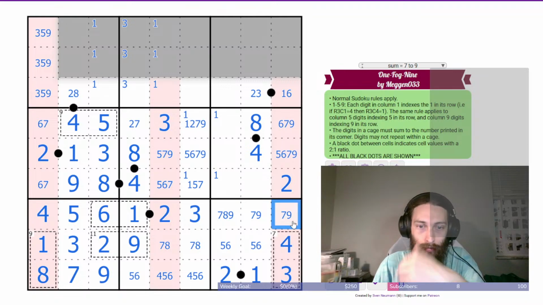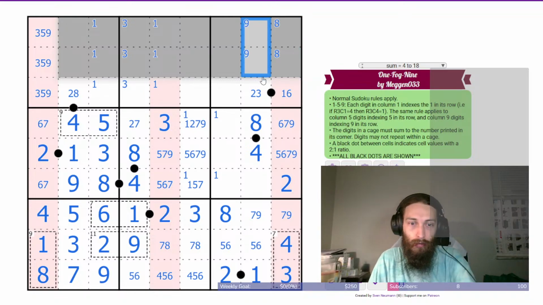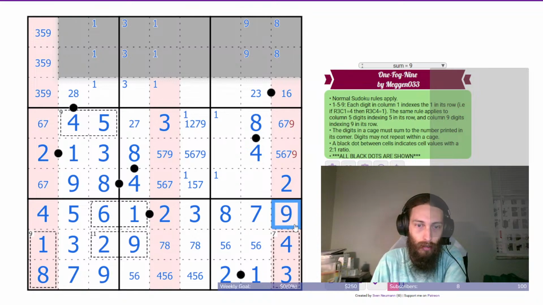4 removes 8. 7, 9 pair makes that an 8. 8's one of these two. Places a 9 in one of those two, which makes that a 7 and a 9.